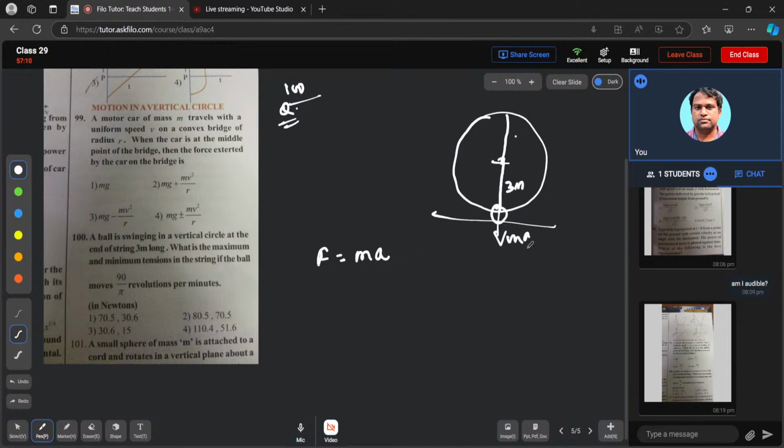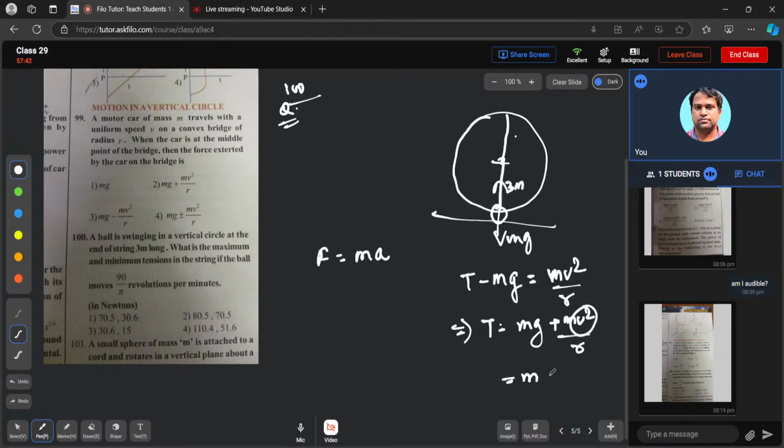At the lowest point, mg downward, tension upward. So this is 5 g r, so 5 mg.